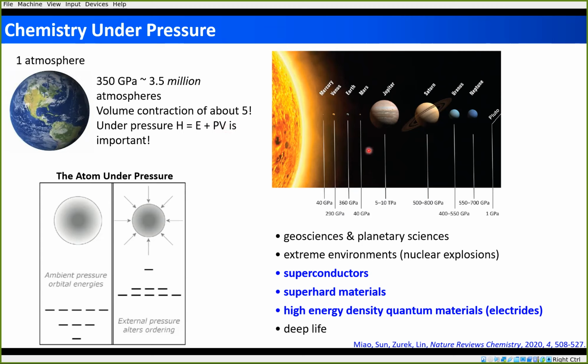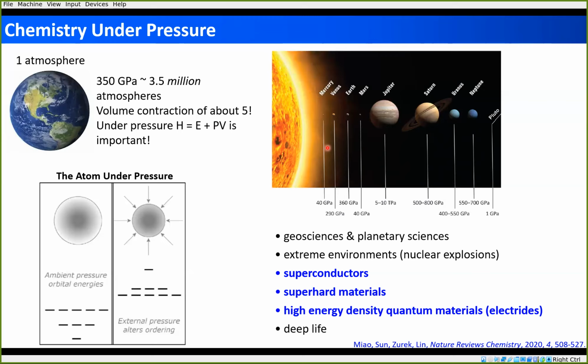And pressure is obviously important in planetary sciences as well, in earth sciences, planetary sciences, in extreme environments such as nuclear explosions. It can be employed to create new materials, for example, superconductors. Many of the elemental systems that we know become superconducting under pressure.